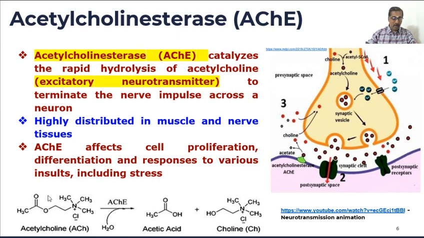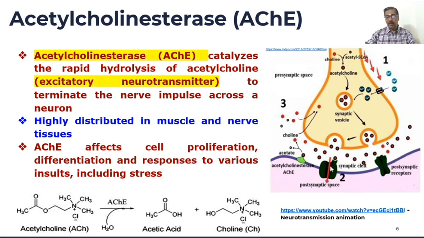So this is the ester bond. The ester bond of this neurotransmitter acetylcholine will be hydrolyzed by acetylcholine esterase. And already we have discussed in the second phase of the deacylation mechanism, water will be used as a nucleophile. So this ester bond will be degraded, and acid and alcohol in the form of choline will be liberated.